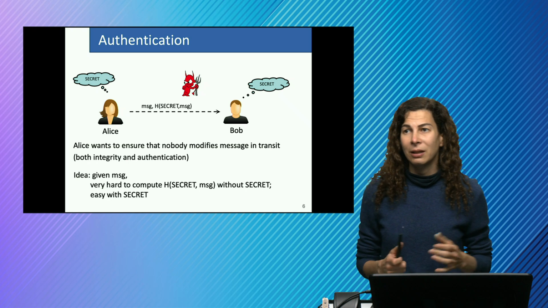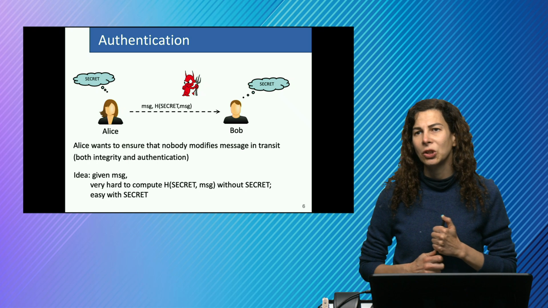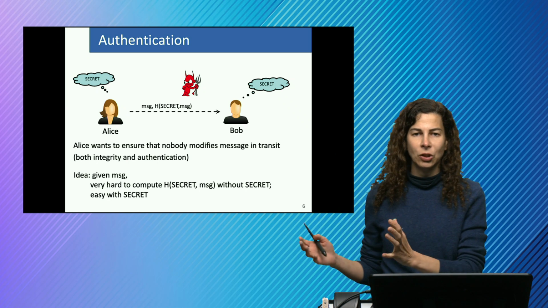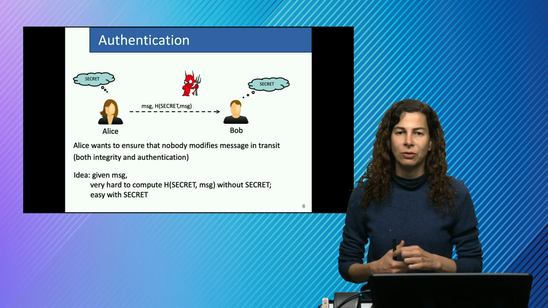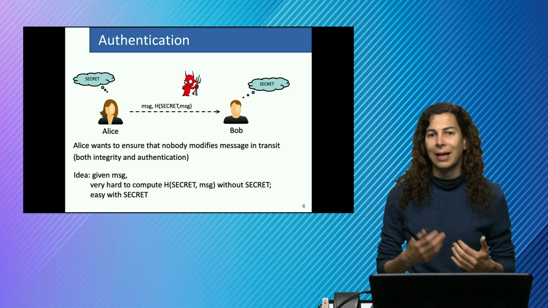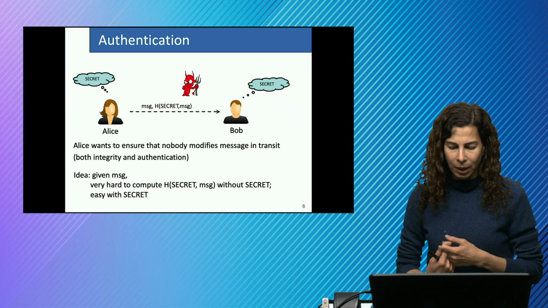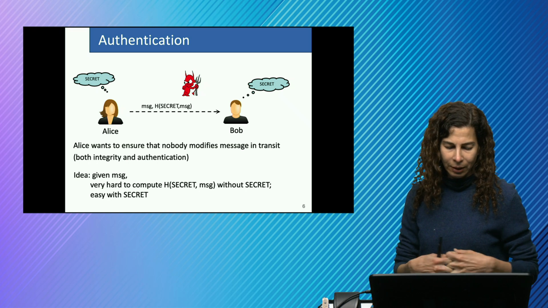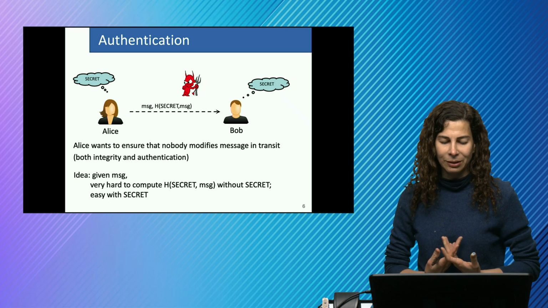Another really important application which often takes place is authentication. So now Alice is sending something on the channel, and she wants to make sure that nobody modifies the message in transit. So in addition to the message, she's also going to send a hash of this message. And oftentimes you even put in a secret there.